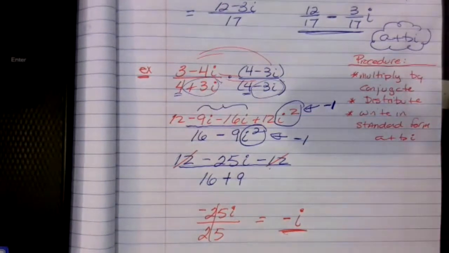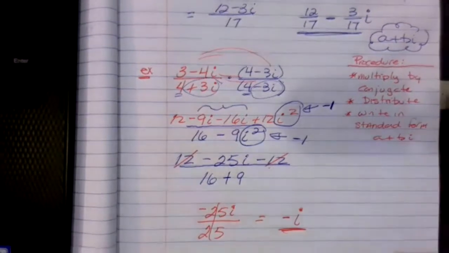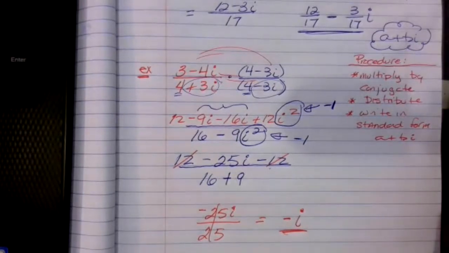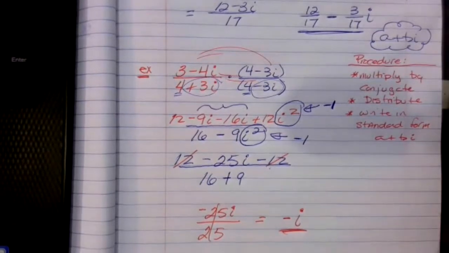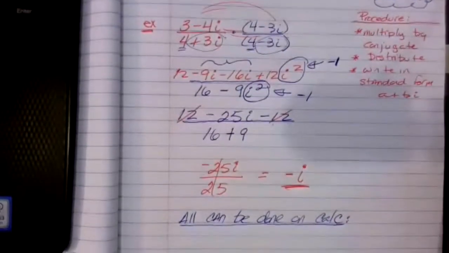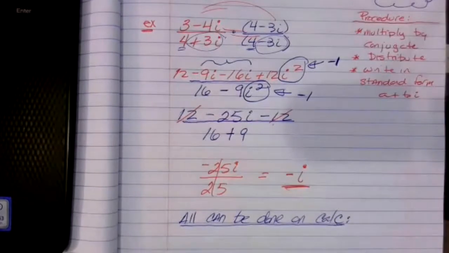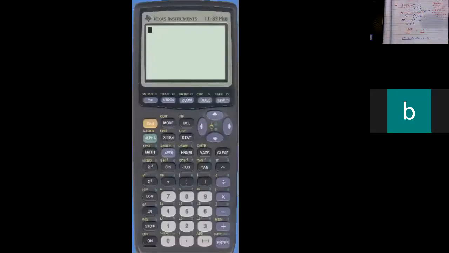So it's all relatively easy, but in fact it gets even easier, because all of these problems that we just did could be done on your calculator. It could be done on your TI-83 or TI-84 graphing calculator, and I'll show you how in a second. Okay, so let's look at that last example, which was one of the hardest examples.